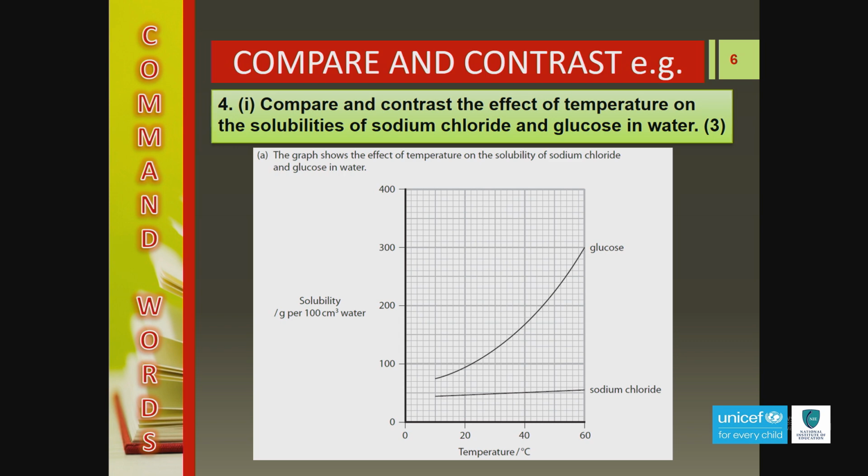Compare and contrast means giving similarities and differences. So here for 3 marks, the students need to give 1 similarity and 2 differences, or 2 similarities and 1 difference. Either way, it has to be for 3 marks. So students need to be focusing on marks as well while they are answering the questions.